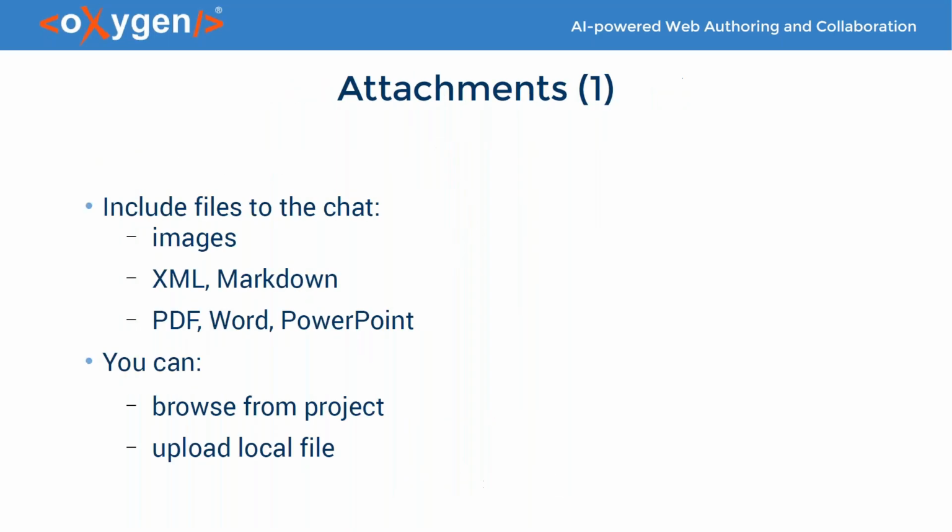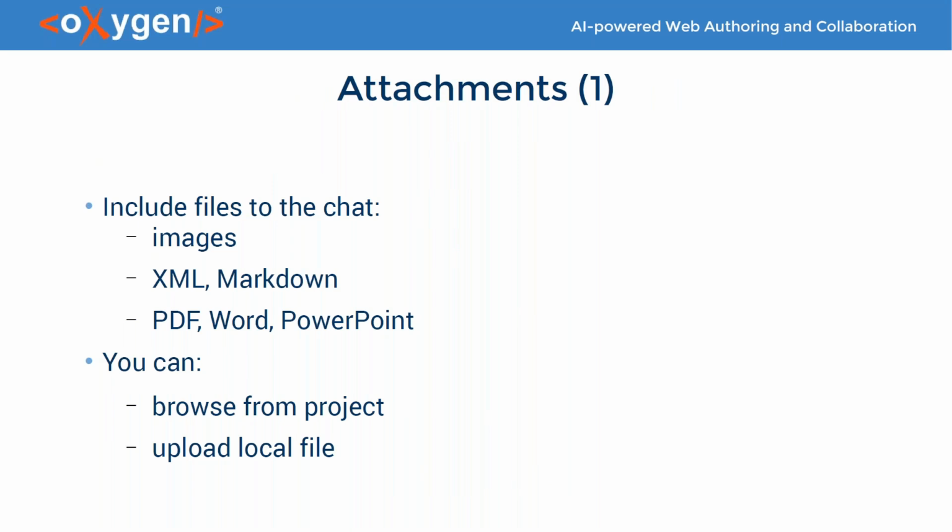So about attachments. The thing here is that you can attach not just XML, you can attach Markdown or plain text files, but also images. You can attach PDF, Word, PowerPoint documents, and the chat will consume the information within them.